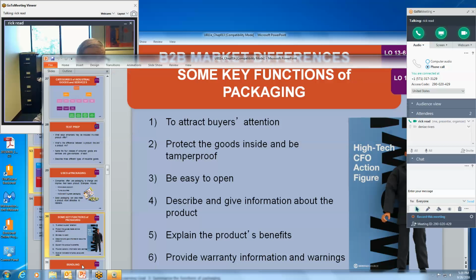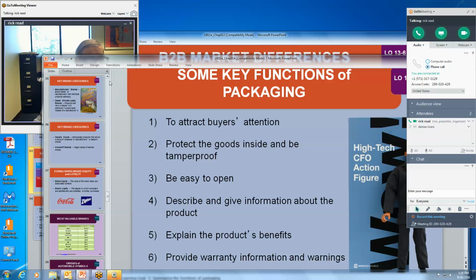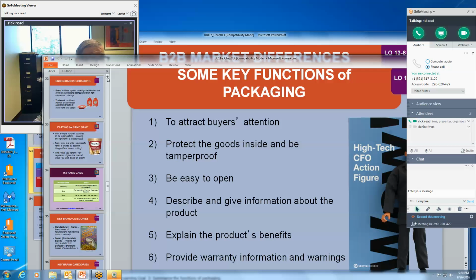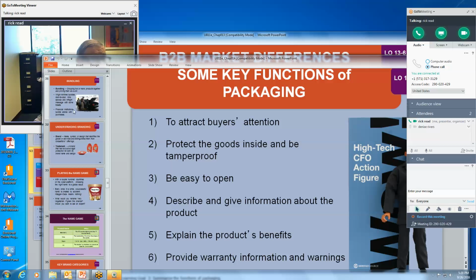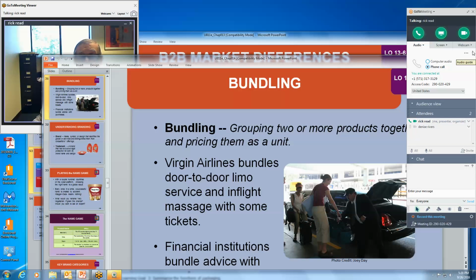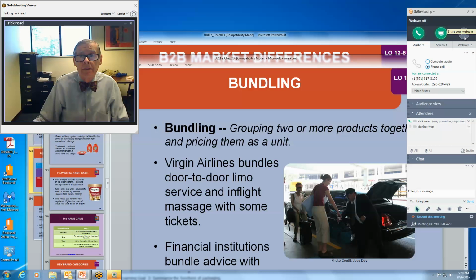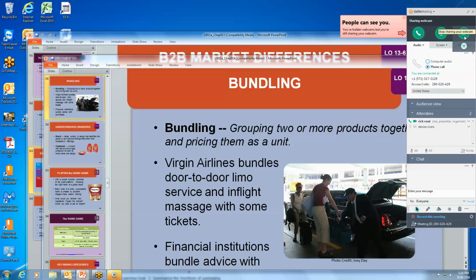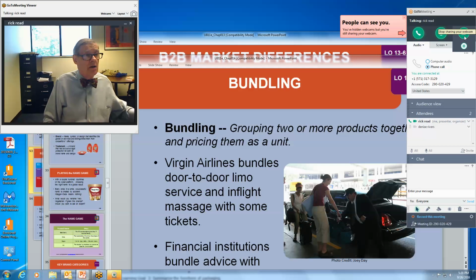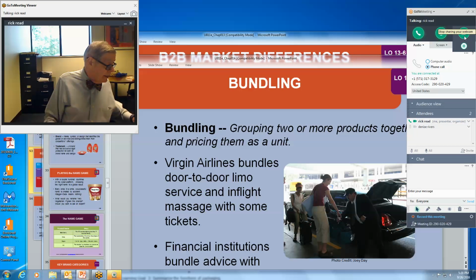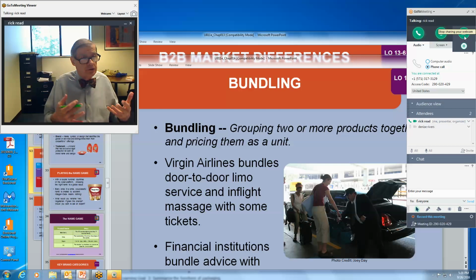We don't always think about it, but packaging does provide certain uses. Then there's another part of marketing, and this is a thing called bundling, where we get kind of like twofers, 2 for 1. And it's exactly what it says.